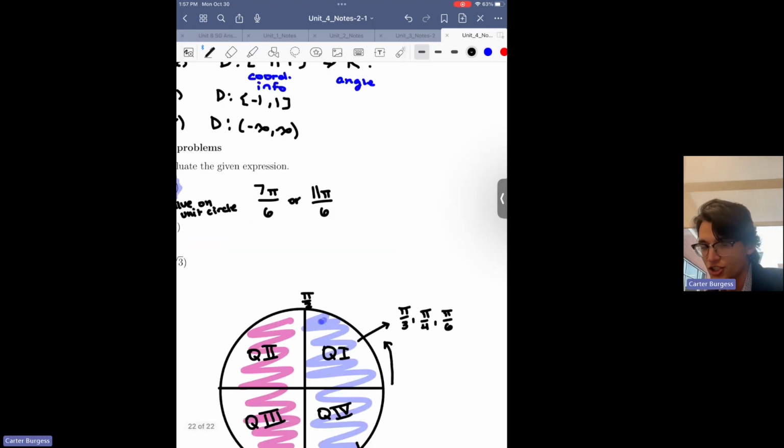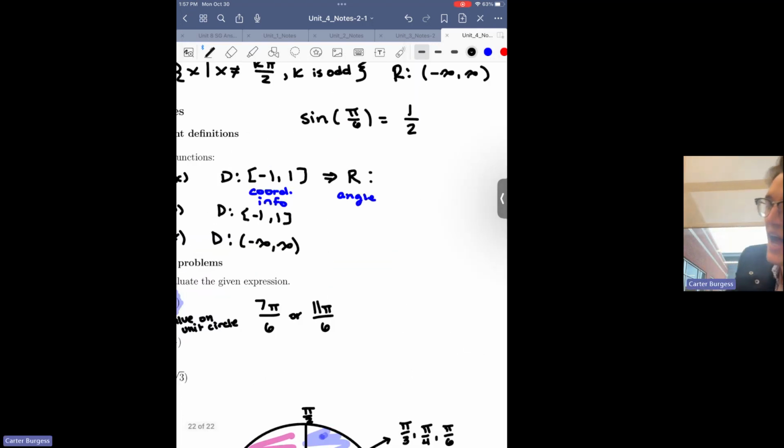So the range for sine, the angles that we can possibly see as outputs here, are just from negative pi over 2 to pi over 2. This is quadrant 4 through quadrant 1.